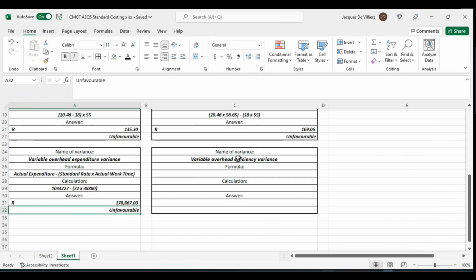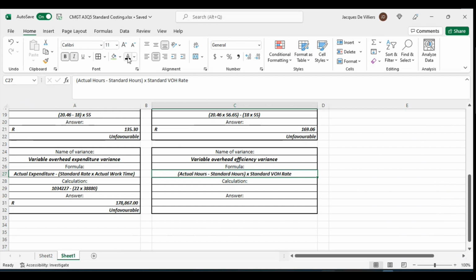The last one they want us to have a look at is the variable overhead efficiency variance. The formula is: actual hours minus the standard hours multiplied by the standard variable overhead rate. I've just spelled it out so you know which rate we are using.